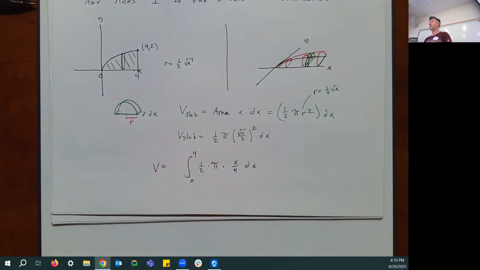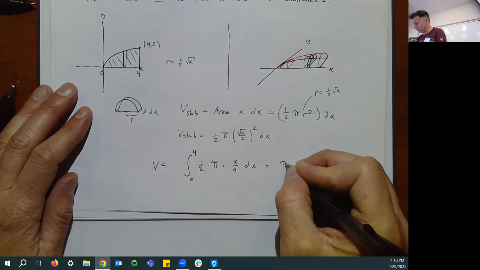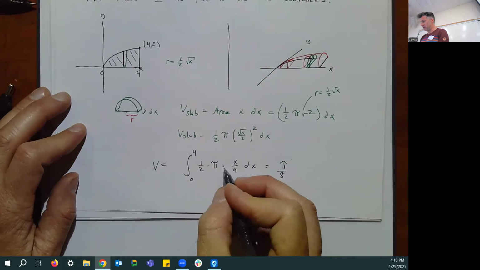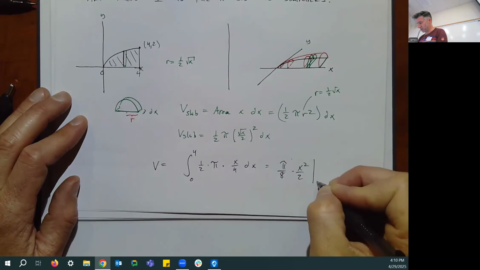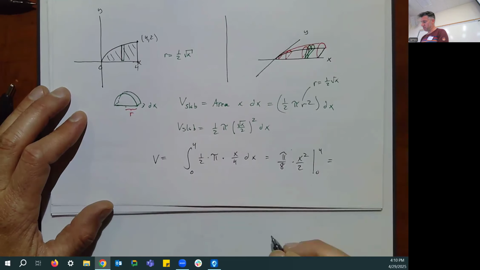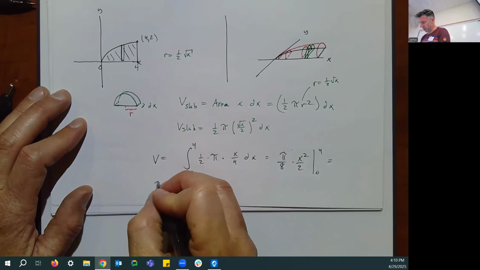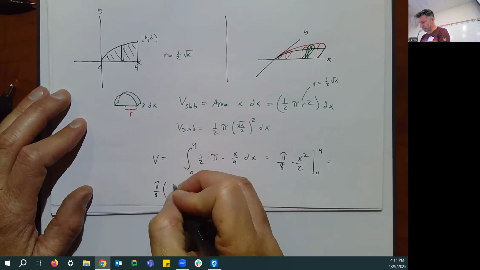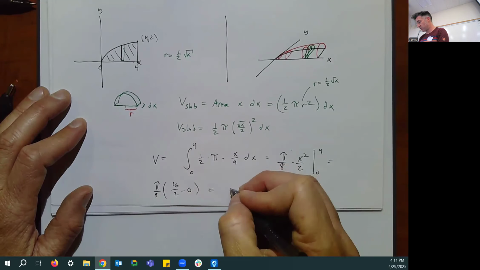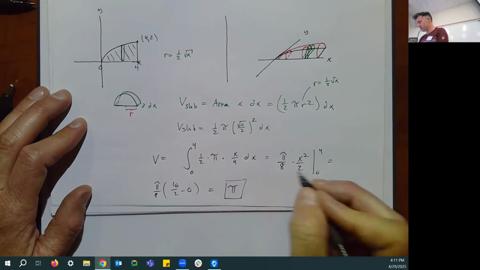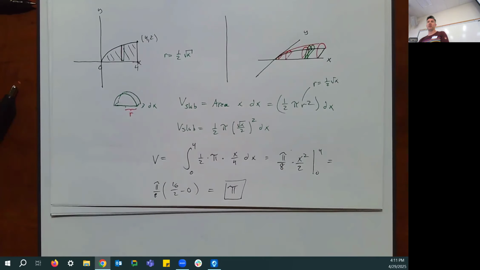Again, not too terrible an actual integral, right? That's pi over 8 times the integral of x, which is x squared over 2, from 0 to 4. And plugging in, we get pi over 8 times 16 over 2 minus 0. So that's going to be pi over 8 times 8, which is pi. So that interesting looking solid has a volume of pi.